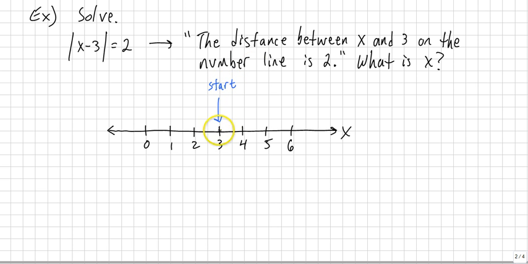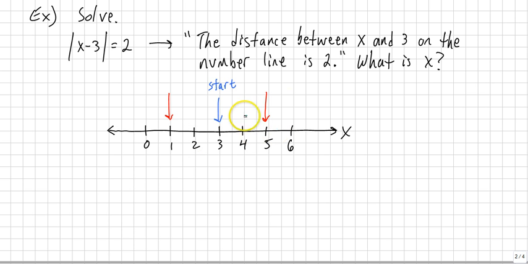And we want the distance between 3 and the number x we're trying to find to be 2. So all we're going to do is go 2 units away from 3. So we'll go 1, 2 units from 3. And we'll go 1, 2 units the other direction because we want the distance to be 2.